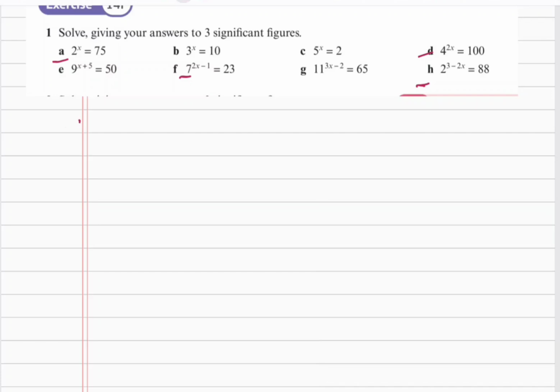So in part A, we have 2 to the power of x is equal to 75. The way that you can solve these equations is just by taking the log of both sides. The only thing we need to think about is what the base of the log should be. And the answer is, it can be anything, really.